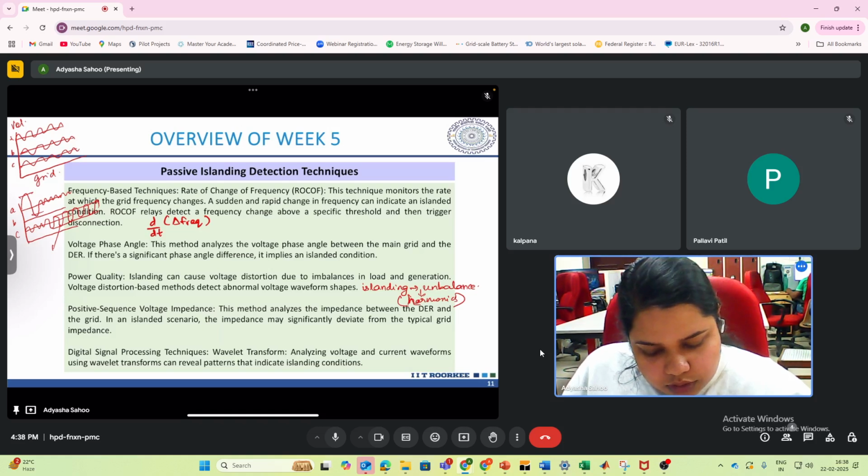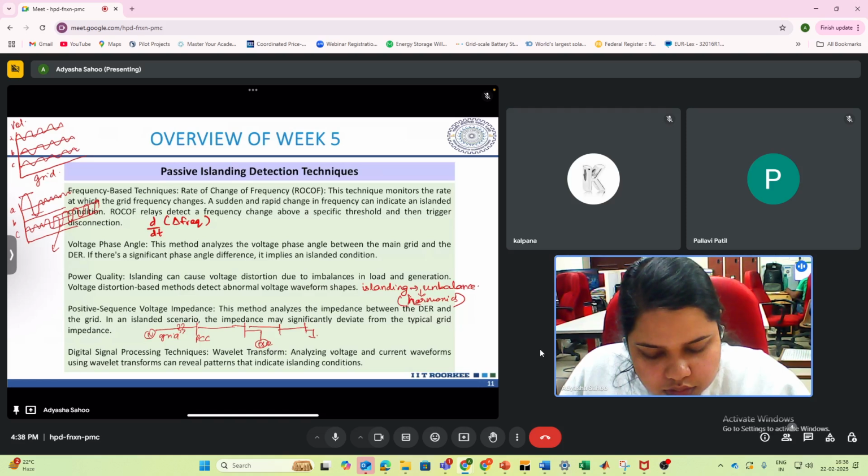Then next is your positive sequence voltage impedance. So here basically you have the grid, okay, grid, then you have the PCC through the transformer here. Then you have this DER connected and also this load.